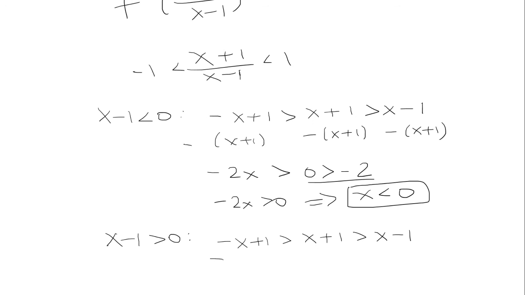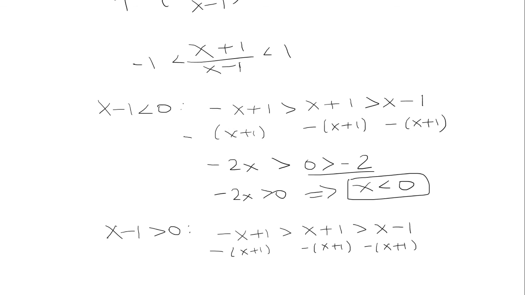And again, I'm going to subtract by quantity x plus 1. And so in this case, we'll have, okay, negative x minus x is negative 2x. 1 minus 1 is 0. Then we get 0. And then here, x minus x is 0. That's negative 2.